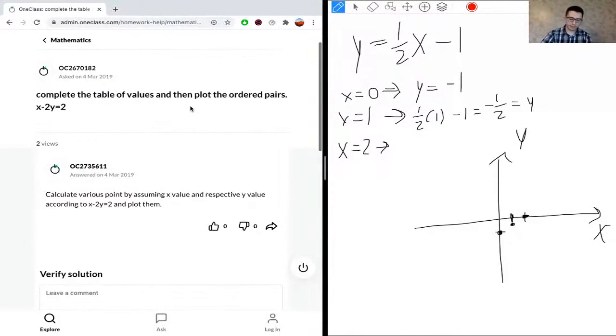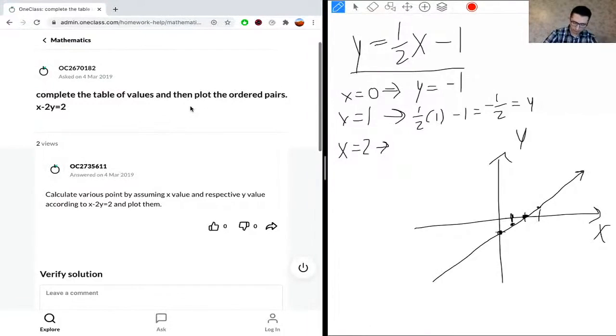We can see that this function represents just a linear plot, so we know it'll go something like this. That will be the function. We can add in more points. Let's say x equals 3: if we substitute 3, we get 3 halves, and 3 halves minus 1 is just a half, so this point will be there.